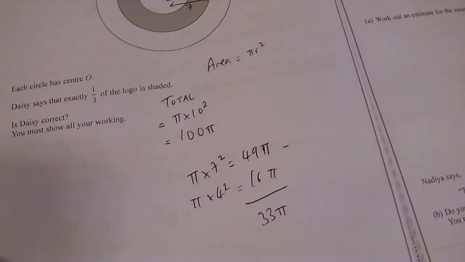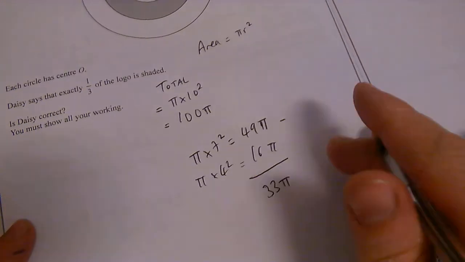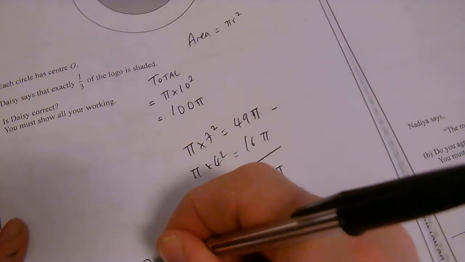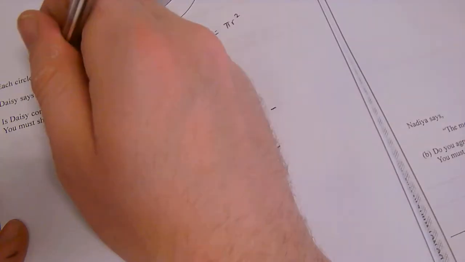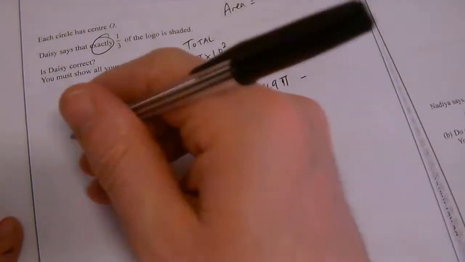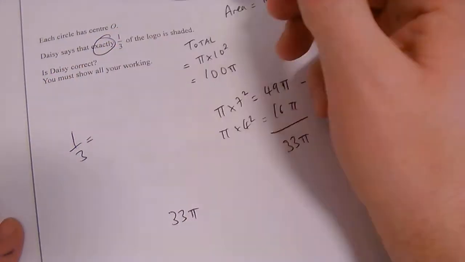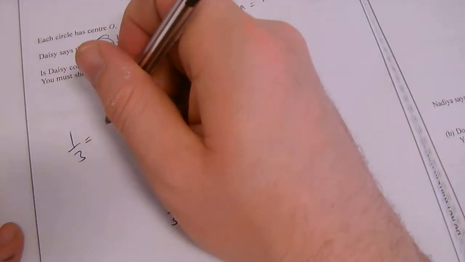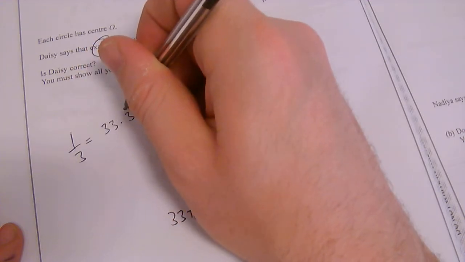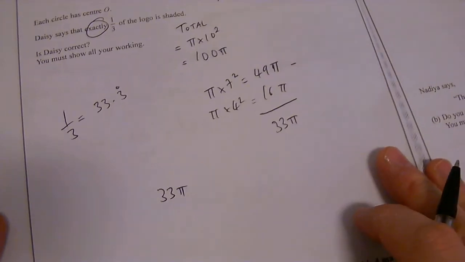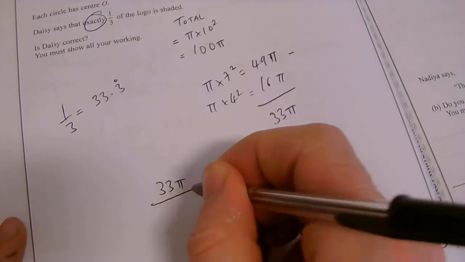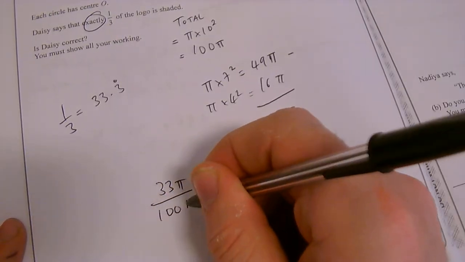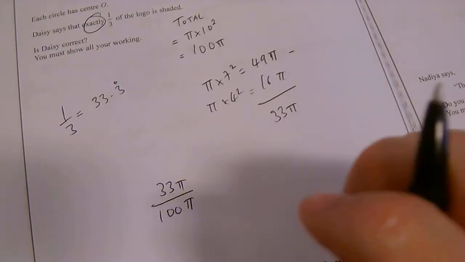Now, Daisy reckons 33 pi is exactly a third. A third, as a percentage, is 33.3 recurring, so it's precise, it's exactly a third. So if we do 33 pi out of the total of 100 pi, because that's the total, we can start to manipulate this.